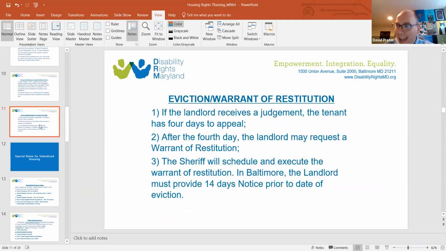So if the only thing that has happened is that the tenant has received a notice or a summons from the court to appear on a certain date, then that is not an eviction paper, and that's not a warrant of restitution. The warrant of restitution will say there is a judgment on this date, and I'm authorizing the sheriff to take these actions, and you've been notified of it.